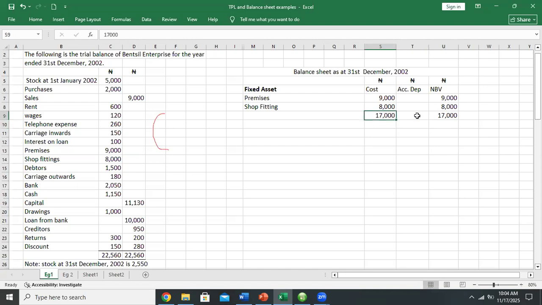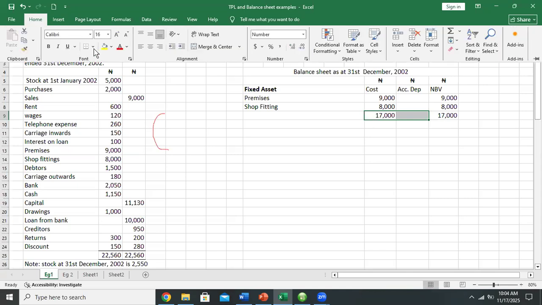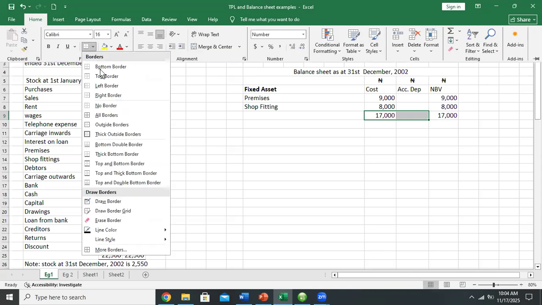And you need to underline them, right? You need to underline these column totals. So please follow me as I'm underlining, except the NBV.